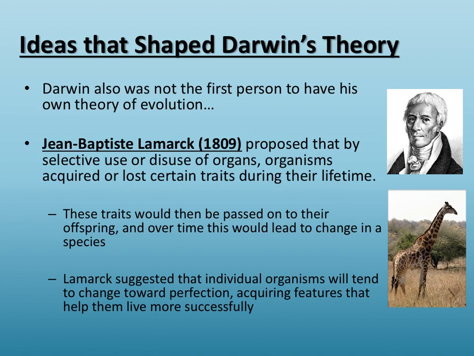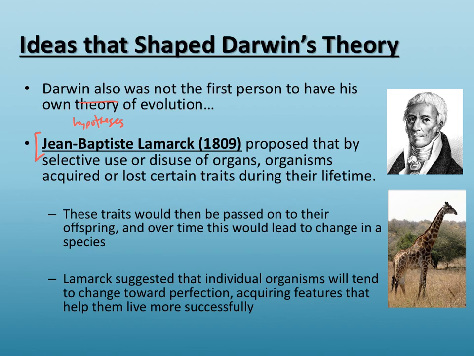Now, as I mentioned earlier, the idea of evolution didn't start with Darwin. In fact, there were a number of, I guess we should say, hypotheses for evolution that came before him. And one of the best known hypotheses of evolution that came before Darwin was one by a man named Jean-Baptiste Lamarck, who I probably don't have to tell you is a Frenchman.